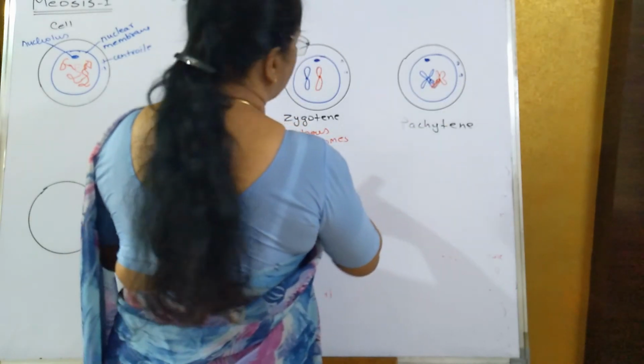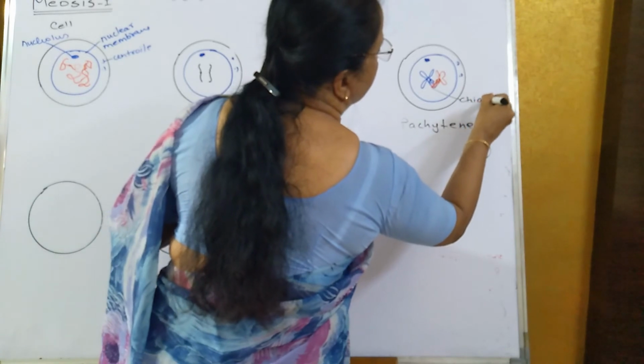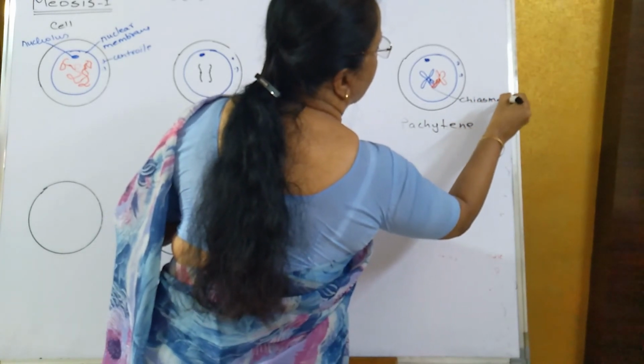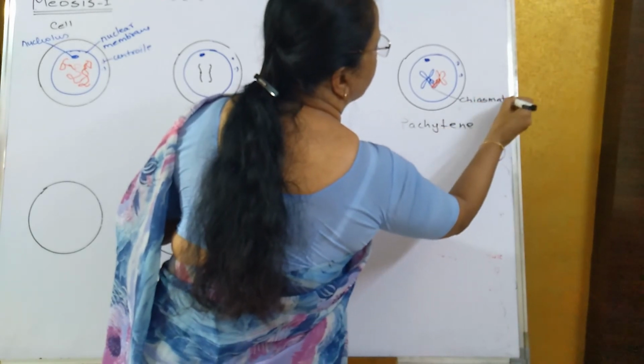Where they overlap, that point is known as chiasmata. So the important step over here is what?